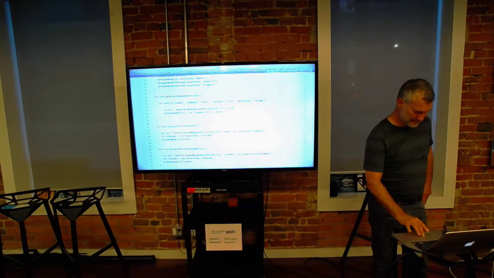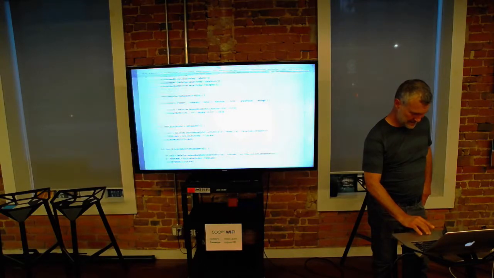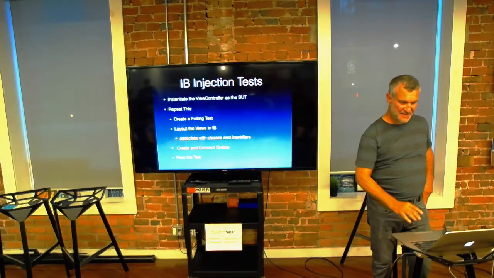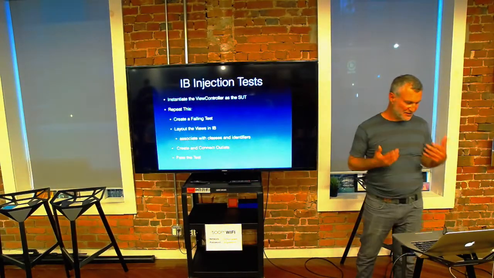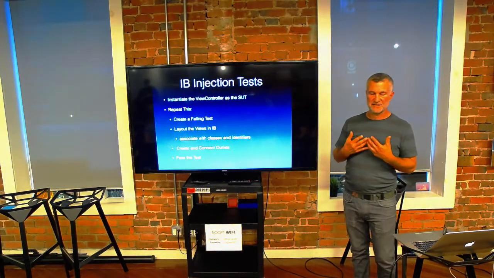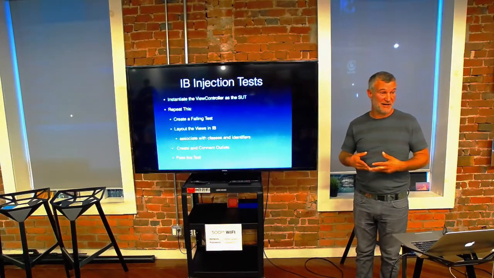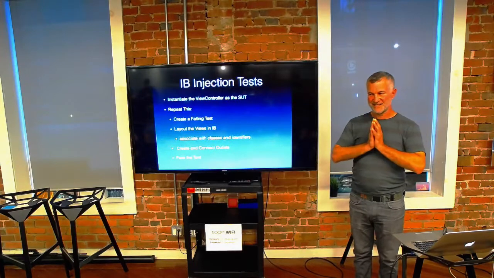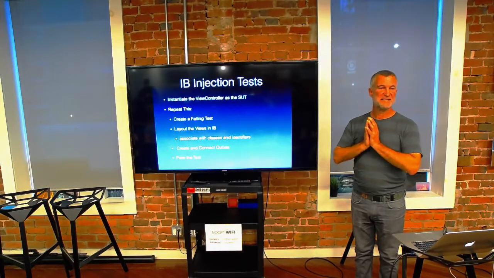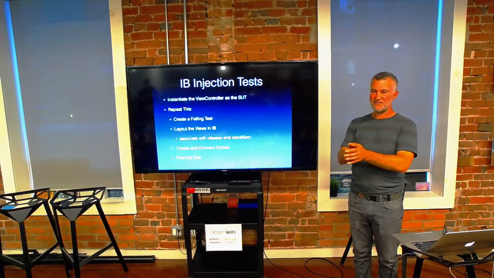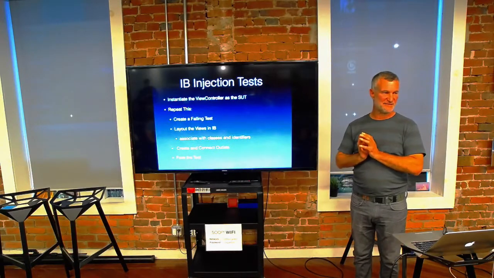Next step. Okay, so the order that I'm going in is actually the opposite of the order we normally program. It's really weird because I'm going to go from the output to the input. Normally we go from the input to the output because it seems more intuitive.